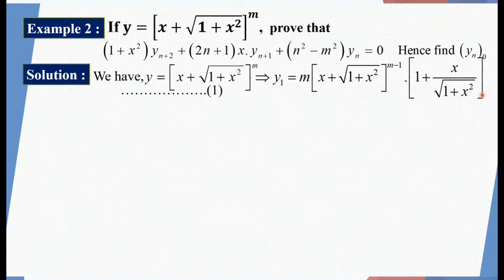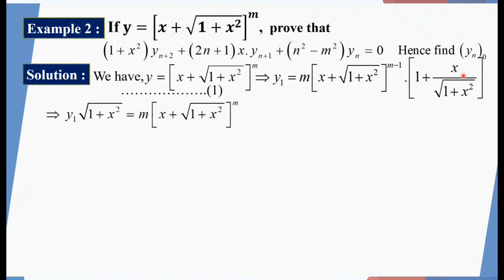Now we can take common or LCM from here. So it will be square root of 1 plus x square plus x. So this will convert into x plus square root of 1 plus x square power m minus 1, and the 1 is from here, so it will be power m, and take this into the left hand side.